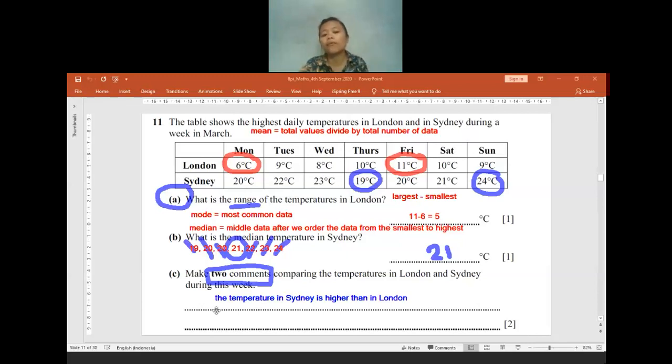So we can take the comment from using the range. So London and Sydney are having the same range. You can make this kind of sentence, because if you say the temperature in London is colder than Sydney, it will be the same thing as the first sentence.